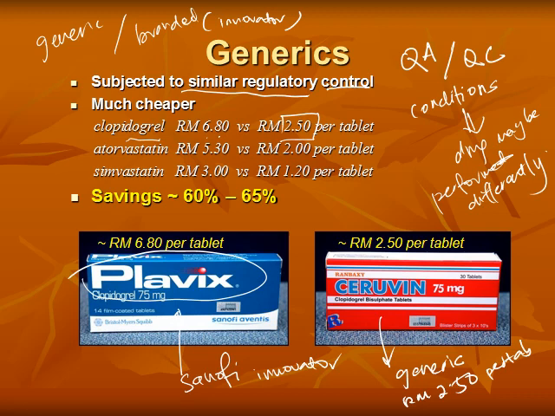The same happened to atorvastatin and simvastatin. So by using a generic drug, you may save 60 to 65% of the cost of therapy.